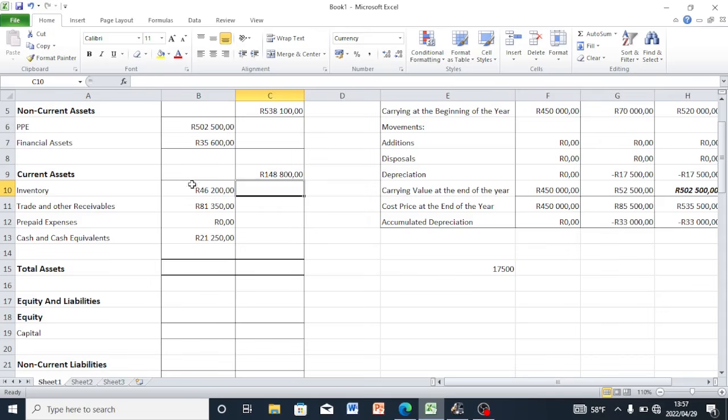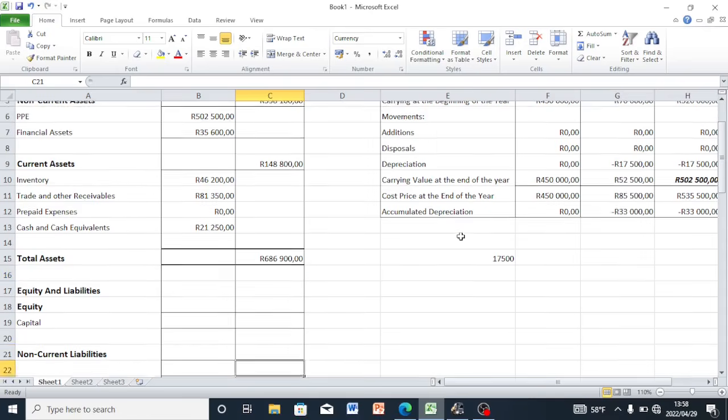So we all know total assets is always equal to current assets plus non-current assets. So we are going to see our non-current assets plus our current assets, which is giving us 686,900 rands.